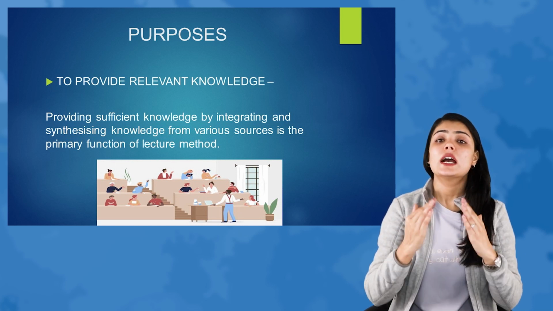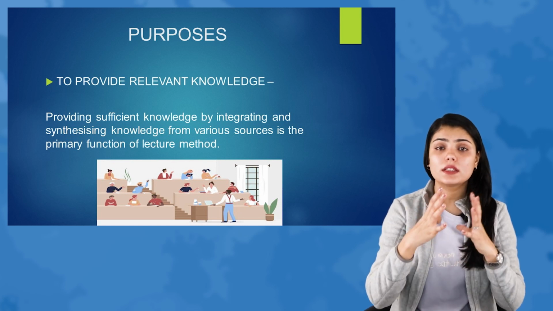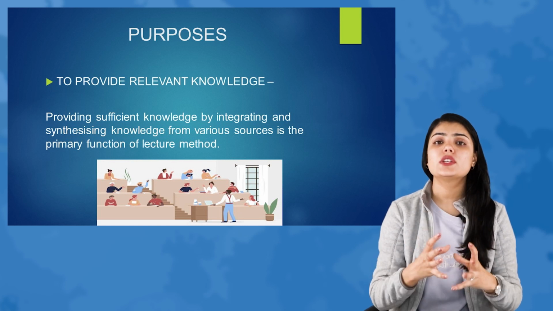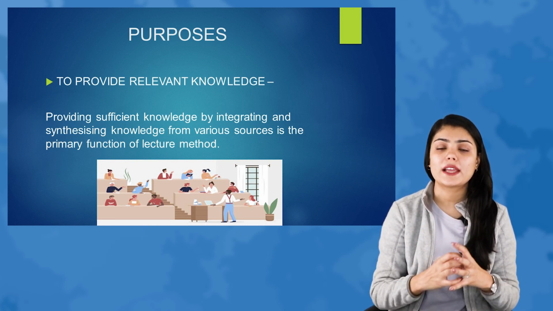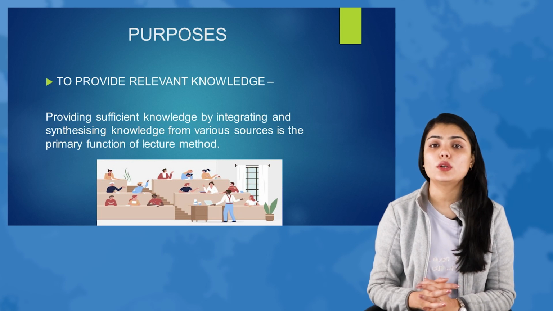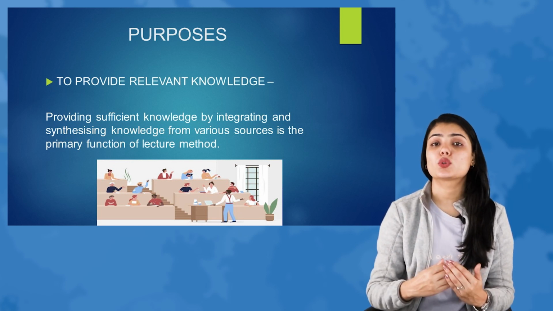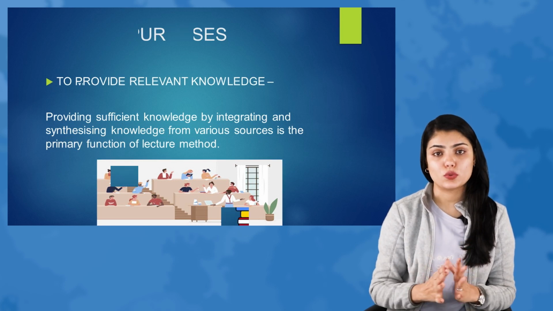The teacher comes to the class and explains the topic to the students so that sufficient and relevant knowledge is provided on the particular topic. Whatever is required for the students to know about the topic is taught by the teacher.